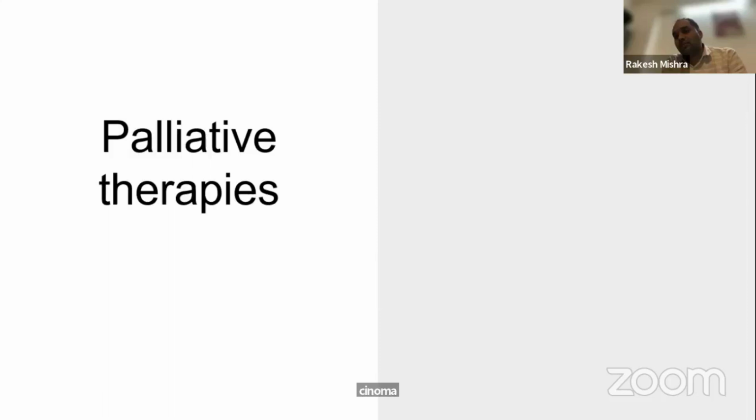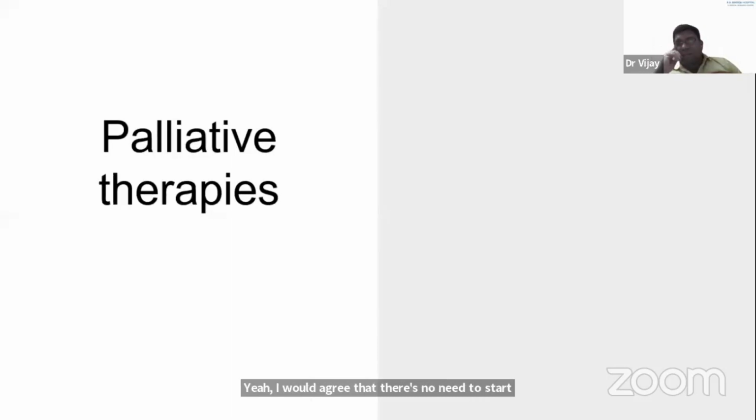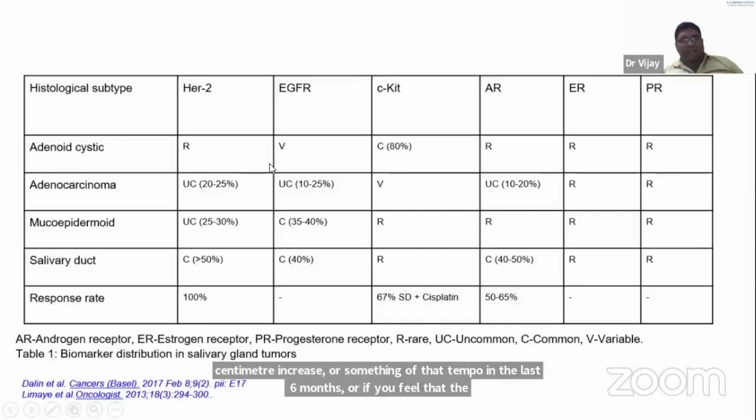Yeah, I would agree that there is no need to start therapy for this patient. The treatment starting indications generally considered across guidelines are if the patient is symptomatic. If the patient is asymptomatic, then you need to demonstrate fast growth of the tumor, like a 2 centimeter increase in the tempo over the last 6 months, or if the tumor is at such a critical site that it can lead to a visceral crisis.